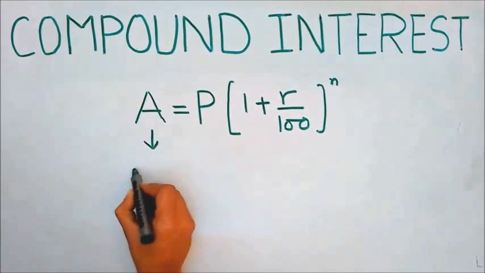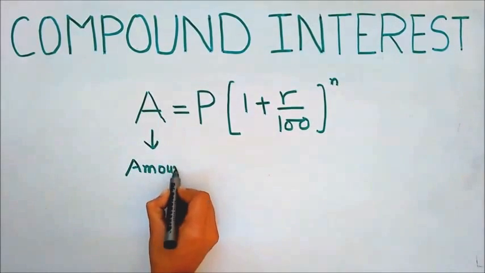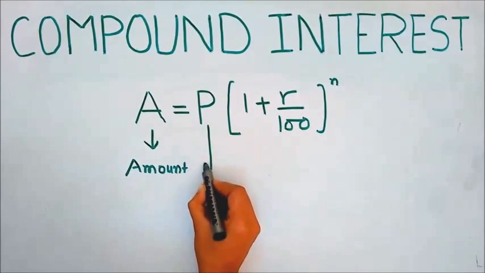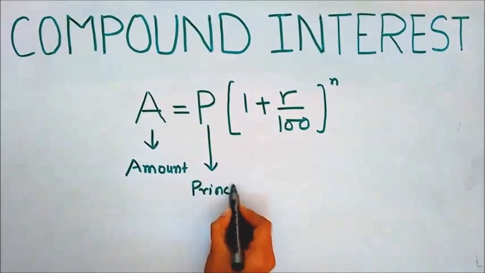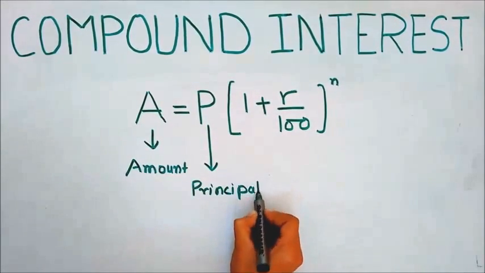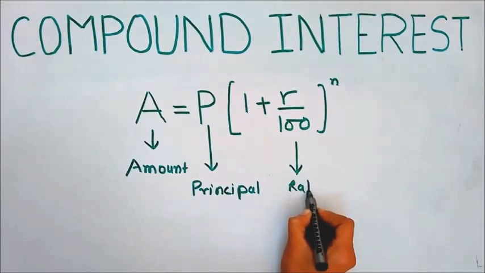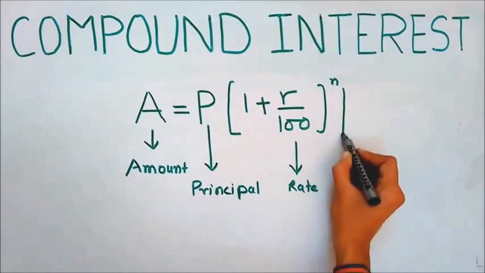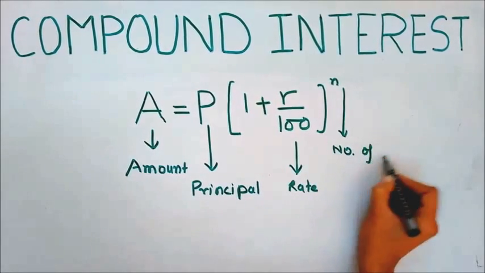Here A represents amount, P represents principal, R represents rate, and n represents number of years.